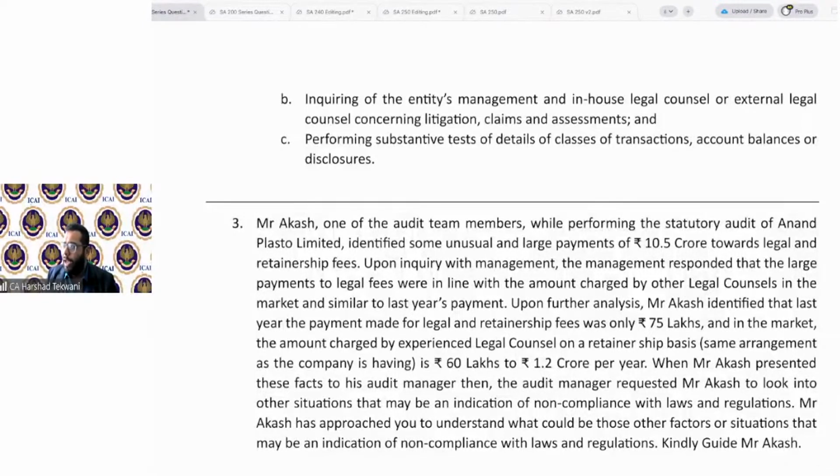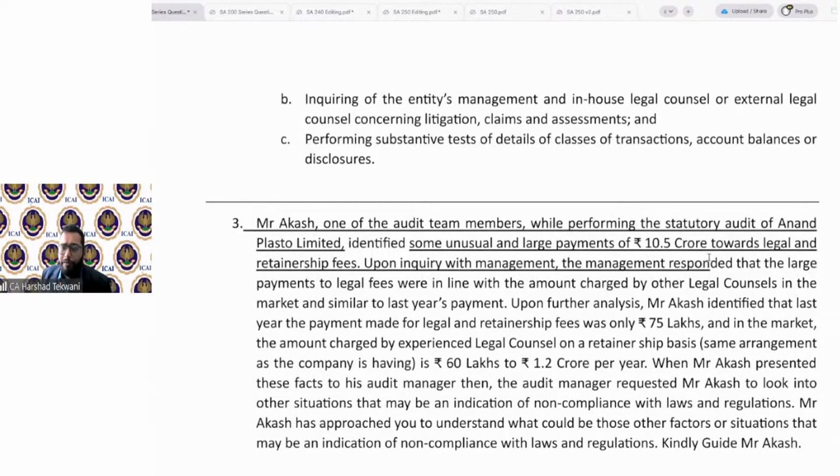Now this question is related again to non-compliance, laws and regulations, but it talks about how it is looked into. Mr. Akash, one of the audit team members, while performing the statutory audit of Anand Plasto Limited, identified some unusual and large payment of 10.5 crores to legal and retainership fees.